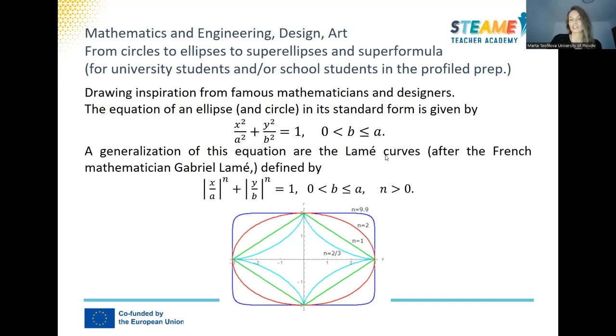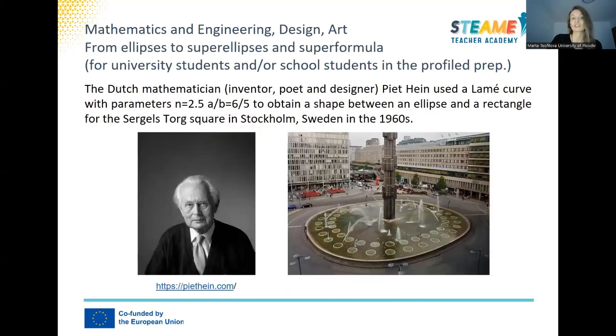And this generalization was very ingeniously used by the Dutch mathematician, inventor, designer, and even poet Piet Hein, who solved in the 1960s the problem of constructing a square in the capital of Sweden, Stockholm.